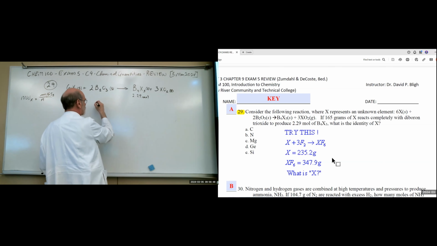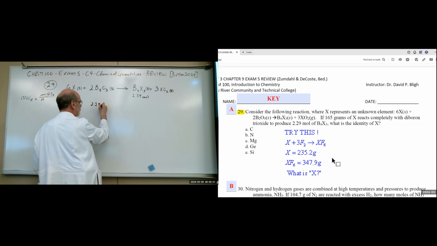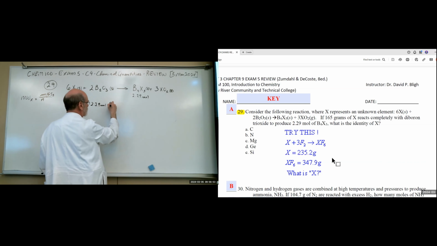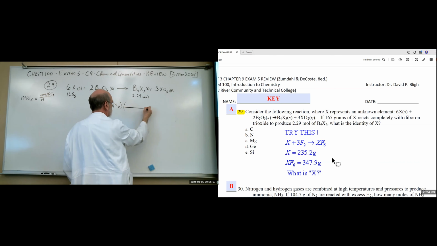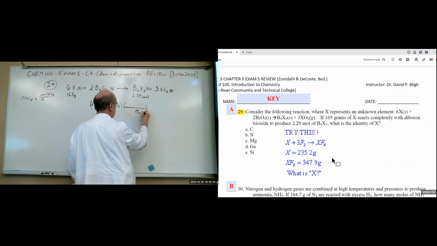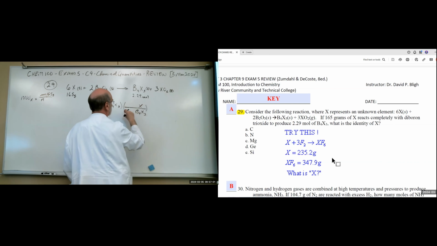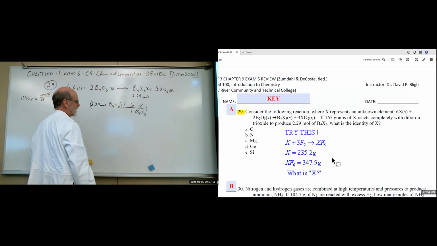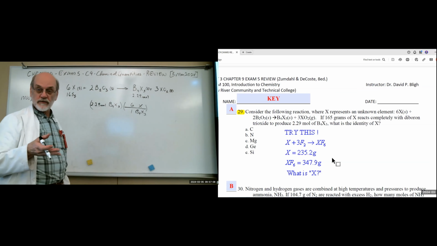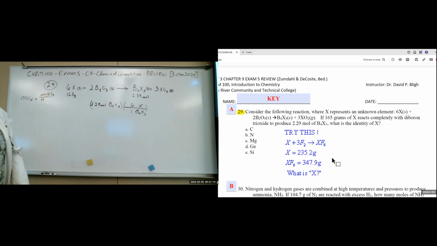You know the number of moles here, B4X3, and you know the conversion factor, right? 1 here, 6 there. So this will give us the number of moles of X.